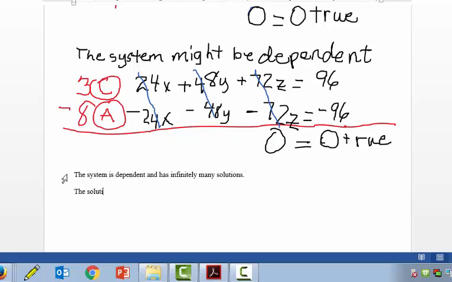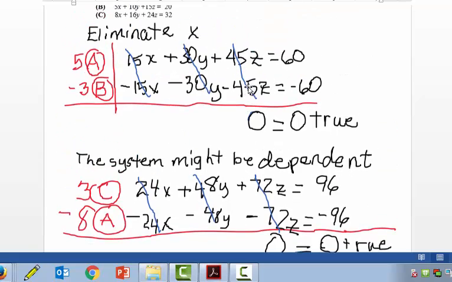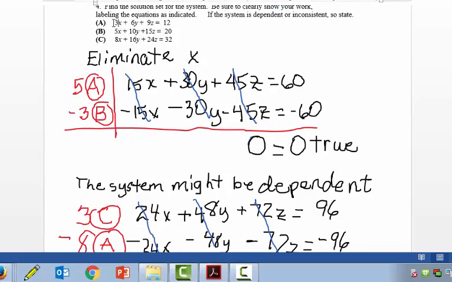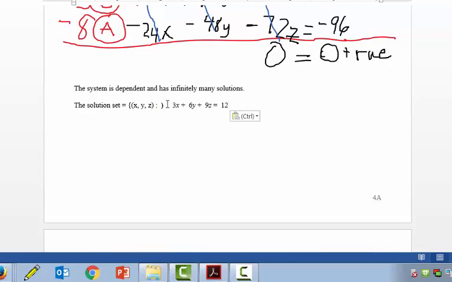So I want to describe the solution set. So the solution set is the set of all ordered triples, x, y, z, such that, and I can take, because each of these equations is actually a multiple of any one of the others, all 3 of these equations represent the same plane.